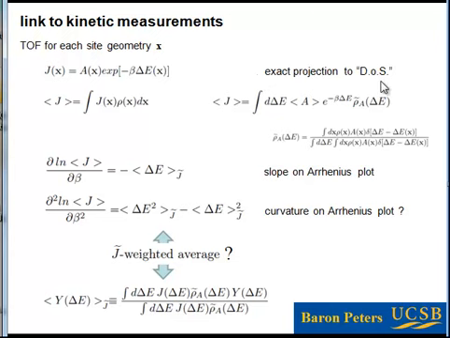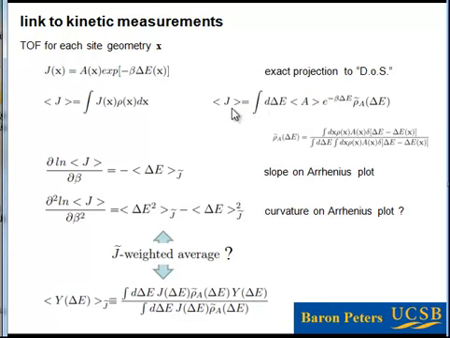Now, I use the term density of states because it looks exactly like statistical mechanics here, what I'm doing. I have a density of states, now not with an energy, but with an activation barrier, delta E. And this now is the average rate for sites with this activation barrier, delta E, right? So this is now an average prefactor.